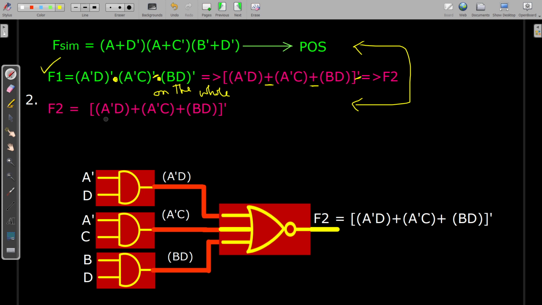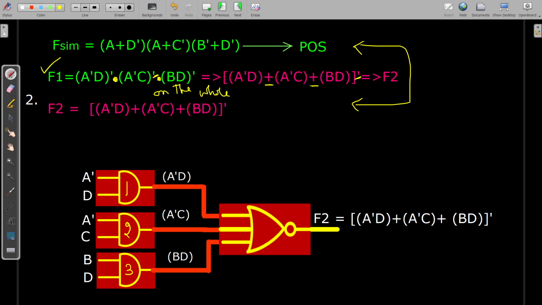So here if you see, this a dash d can be implemented using an AND gate, and this a dash c can be implemented using another AND gate. This can be implemented using another AND gate, and these three terms are combined using this plus operator, isn't it? Plus means OR. These three are combined using this plus along with the dash.